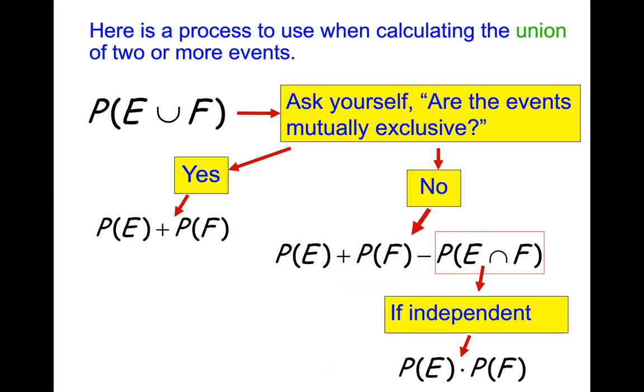If independent, that's just the probability of E times the probability of F. If not, then you use the formula we learned at the beginning of this lesson. So this is your mind map for the union of two events. You can screenshot this or jot that down in your notes. I've got some room on the side of that Venn diagram for you. Any questions?